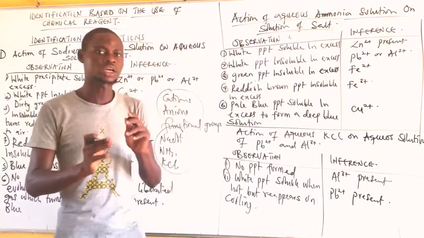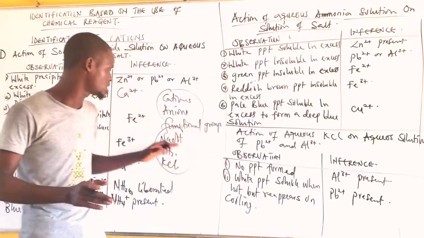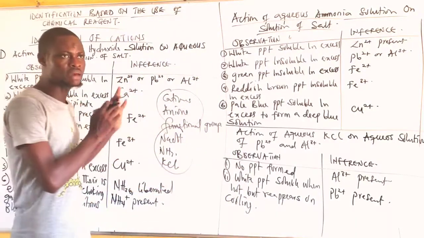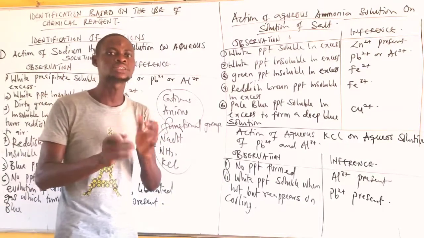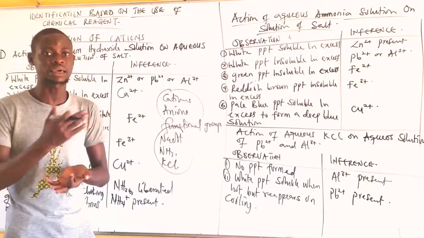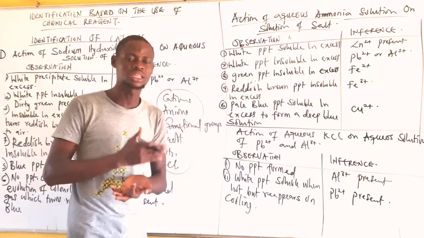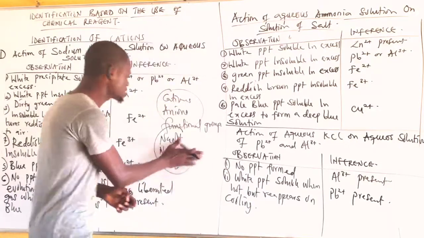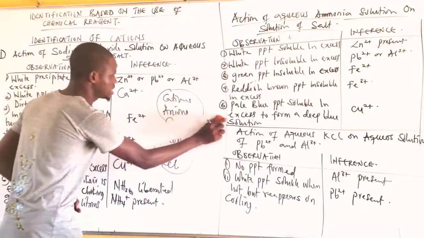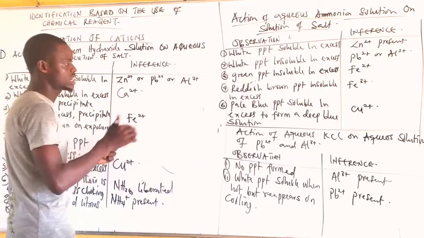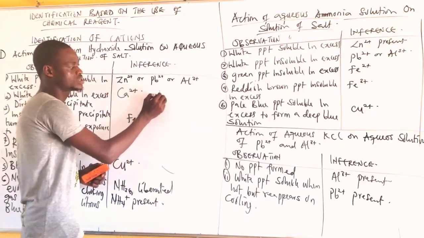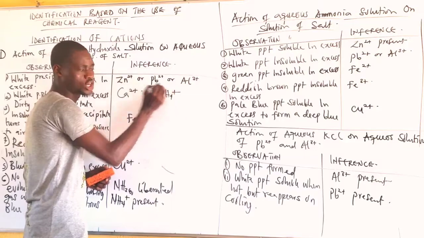Now, we have some major cations that can be determined by these solutions. In experimental chemistry, there are some major cations that will normally be determined. The first of the cations are listed above. You can use it to determine the ammonium ion, the lead-2 ion, the aluminum-3 ion, the copper-2 ion, the iron-2 ion, the calcium ion, and the iron-3 ion.